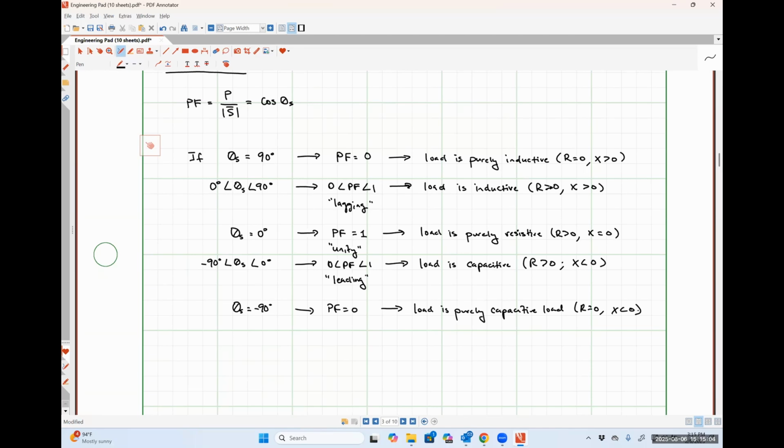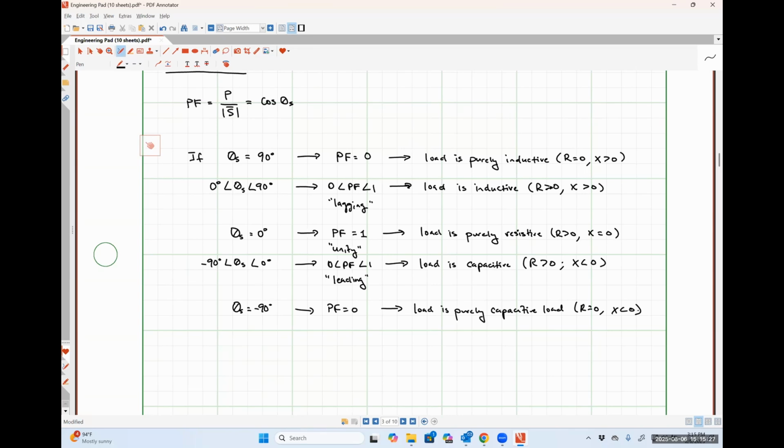So I just want to make sure that we're all catching what I'm throwing here. Whenever our power factor angle is between 0 and positive 90, we're operating at a lagging power factor. Whenever our angle is between 0 and negative 90, we're operating at a leading power factor.